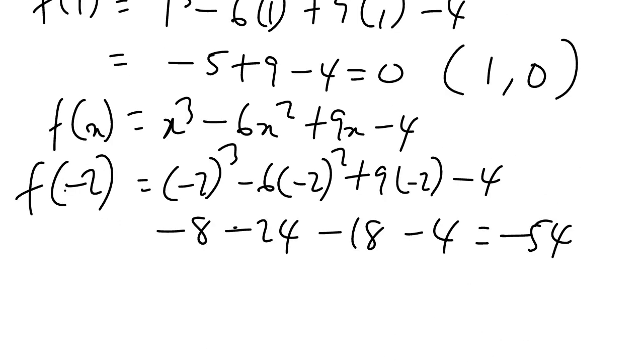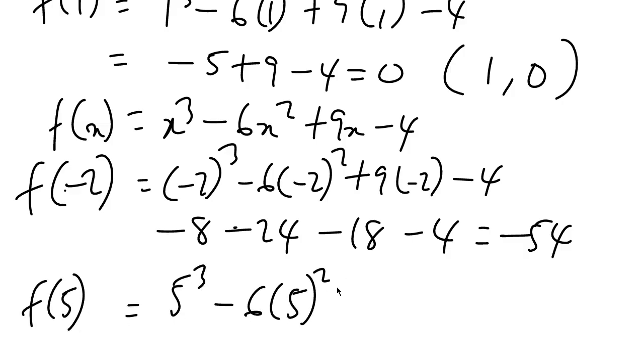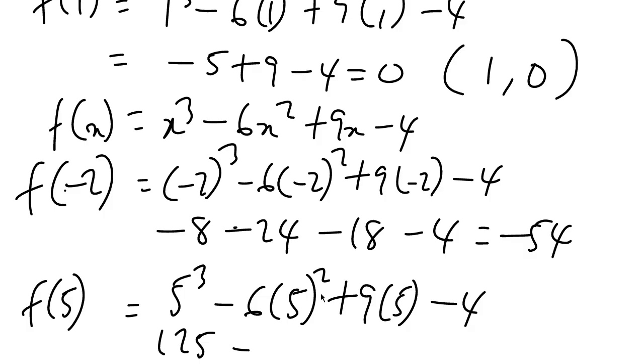And then lastly, remember the other end interval was 5. So on substituting 5 cubed minus 6 into 5 squared plus 9 into 5 minus 4. 5 cubed is what? 125 minus 5 squared is 25. And 25 times 6 is what? 150, right?